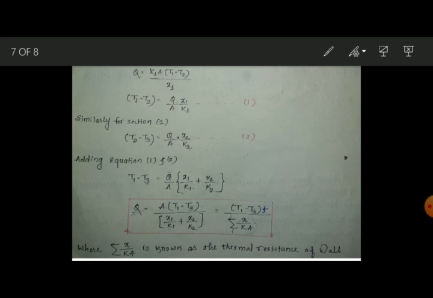When you add both equations, minus T2 plus T2 get cancelled, so you will remain with T1 minus T3. So T1 minus T3 equal to, now see that this Q by A is common in both the equations, so take it outside. In the bracket you will get X1 by K1 plus X2 by K2.